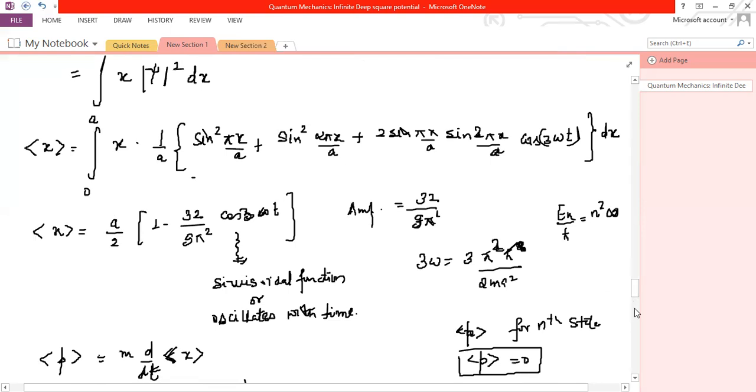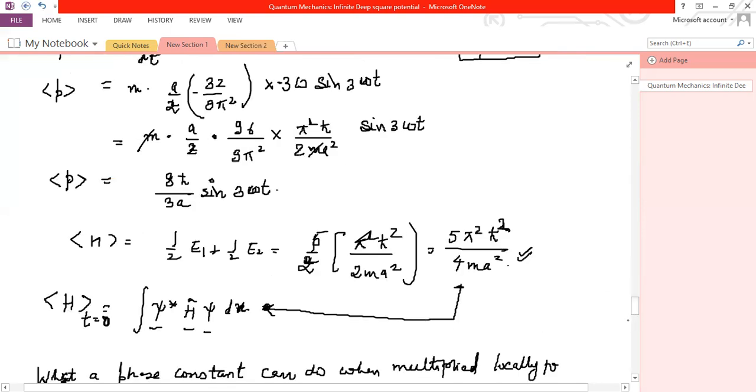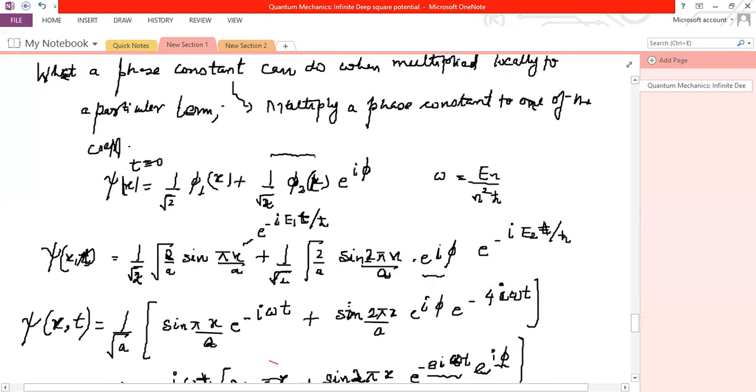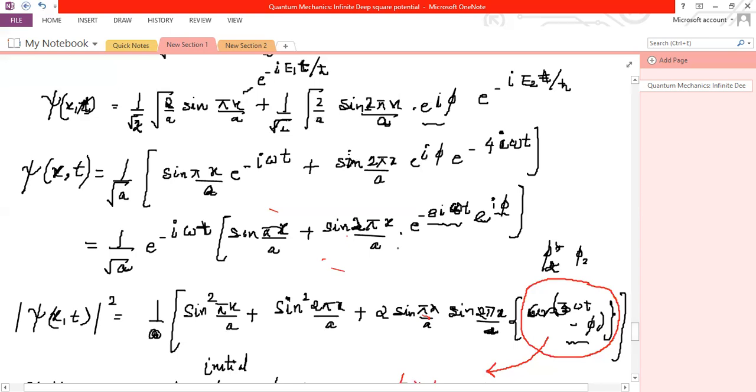Later on, we also thought that if some relative phase factor is multiplied with a particular coefficient, let's say in this manner, if your psi(x) is written as a linear combination of two eigenkets, and the coefficient of one of the eigenkets is multiplied with the relative phase constant, then how does psi(x,t) change, how does |psi(x,t)|², which is the probability density, change?